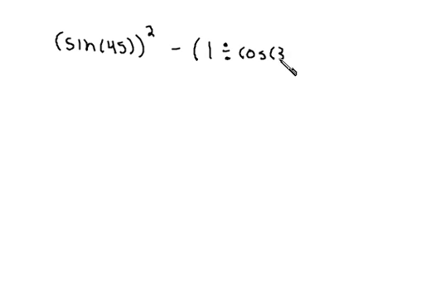So had you gone on your calculator in degree mode, had you gone sine of 45, close, close, squared, minus 1 divided by cos of 30, close, close squared.